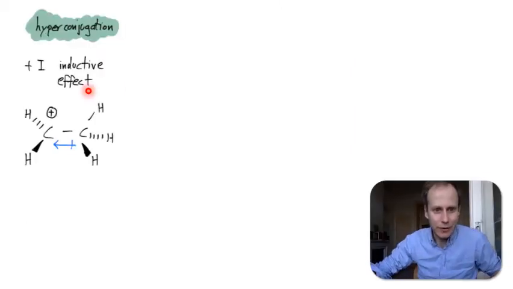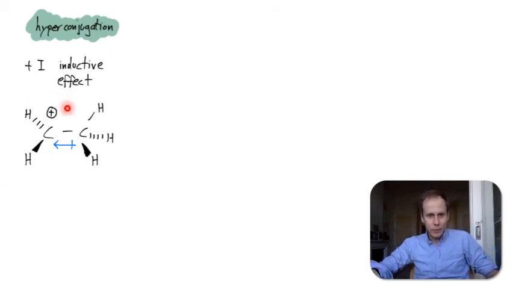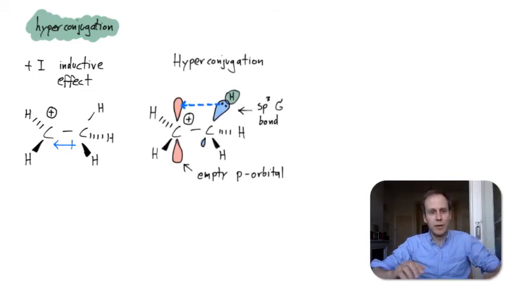So I told you before, a plus inductive effect is when we have a heteroatom here that is less electronegative than the carbon. So we have here the example of a carbocation reactive intermediate, and it withdraws electron density from the methyl group. So this stabilizes the carbocation, but we've seen before hydrogens do not stabilize it as well as the methyl group. So this is because of hyperconjugation.